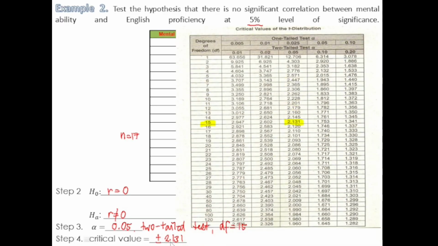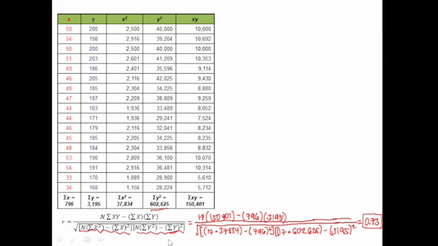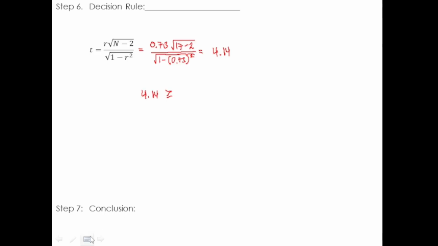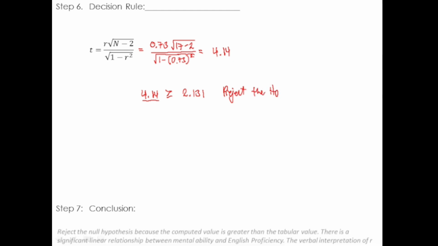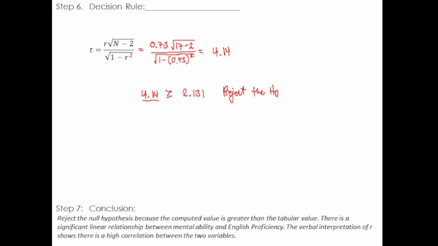Okay, ayun, nakuha natin, positive, negative 2.131. Since mas malaki pa rin ito sa ating critical value, we reject the null hypothesis. So, yung conclusion natin, reject the null hypothesis because the computed value is greater than the tabular value.